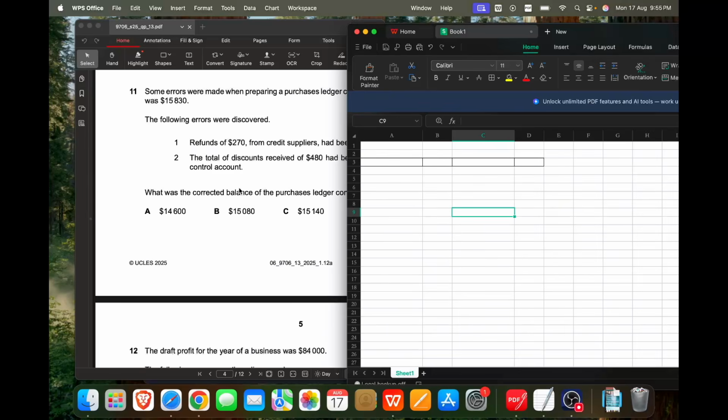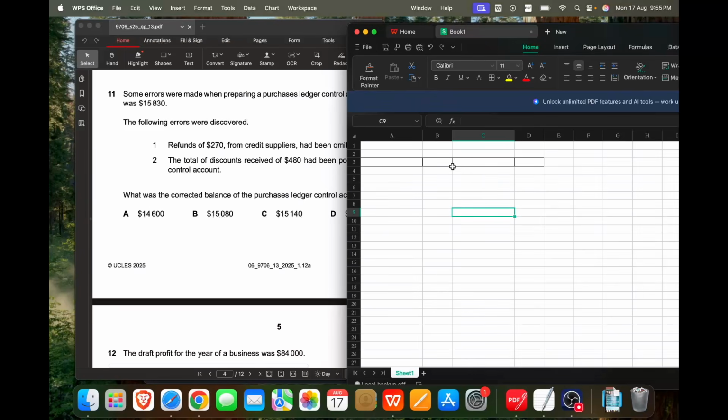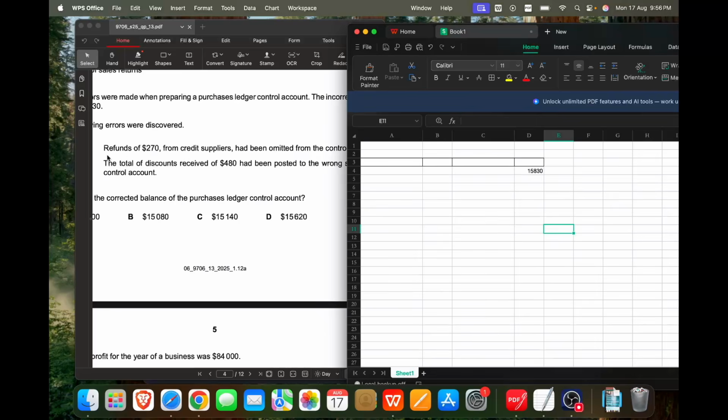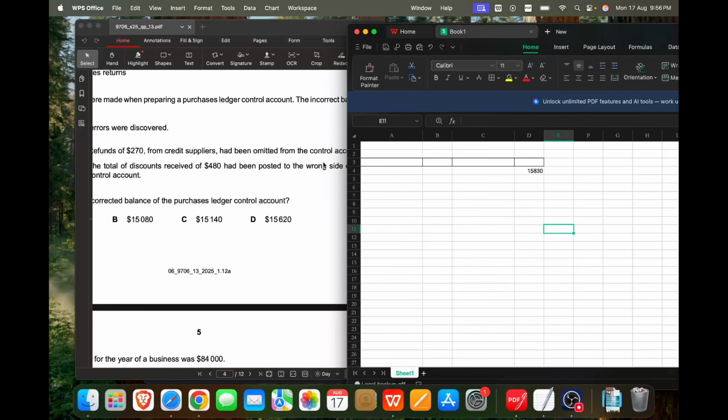What they are saying is the balance in the purchase ledger control account means the credit balance, and that is 15,830. But this balance is incorrect. There are two things here. The first one is there's a refund of 270, but this has been omitted from the control account.